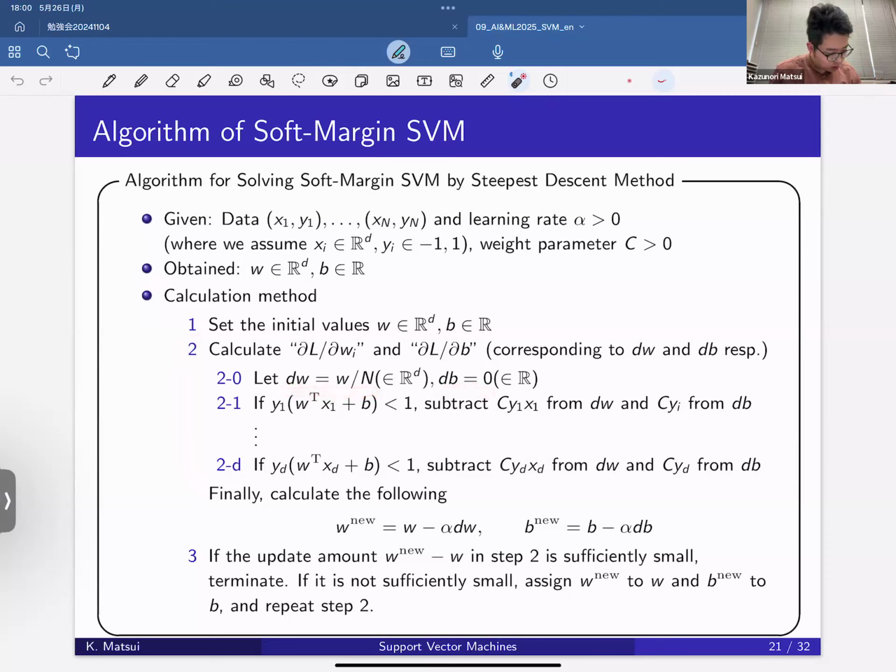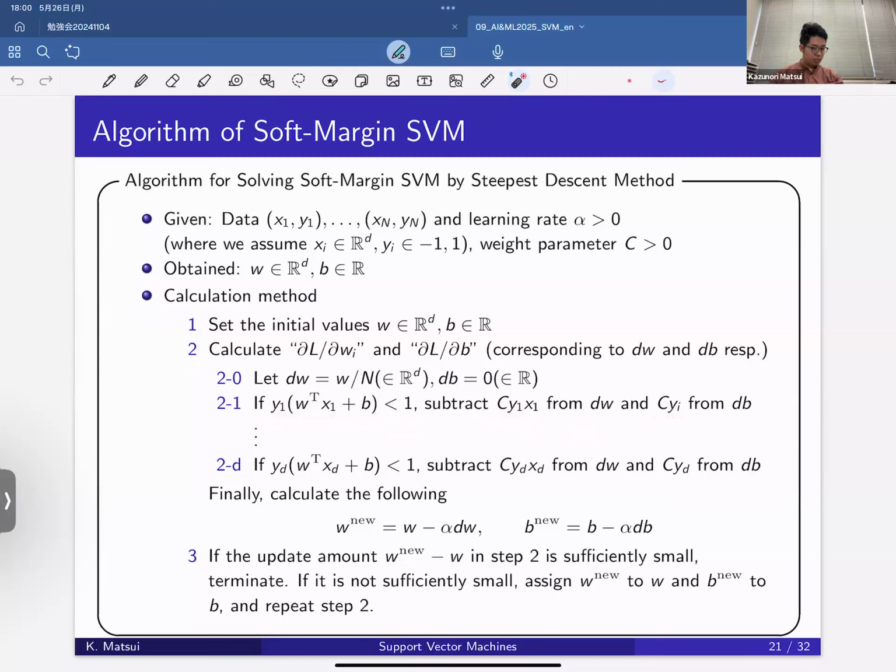Since we only need to calculate the partial derivative when yi times (w xi plus b) is less than 1, when that holds, we subtract c yi xi from dw and subtract c yi from db.